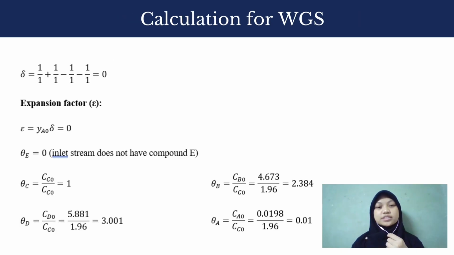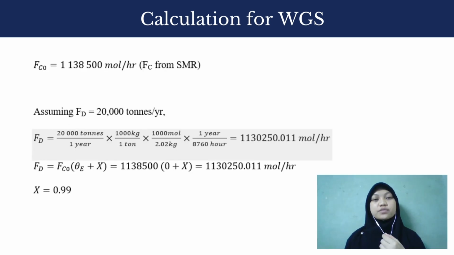To start the calculation, the expansion factor is calculated since the reactants are gases, but since the expansion factor is equal to 0, the volume of the PBR remains the same, and delta for all species is calculated. Next, FC0, the flow rate for carbon monoxide, is obtained from SMR, and assuming FD, the flow rate for hydrogen, is 20,000 tons per year, it is calculated for a conversion X equal to 0.99.